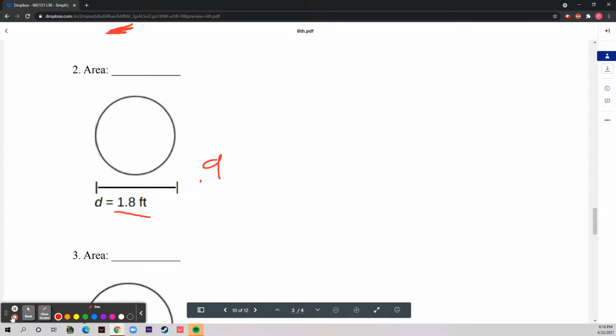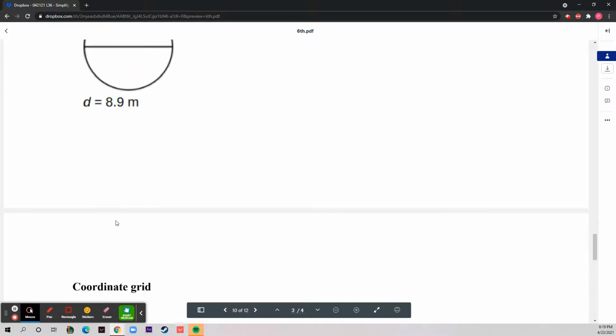The radius is 0.9, and so pi r squared, just 0.9 squared, which is 0.81. So you just do pi times 0.81, or 3.14 times 0.81, and you get 2.54 feet squared. That is a 2. That doesn't look like a 2, but it is, trust me.